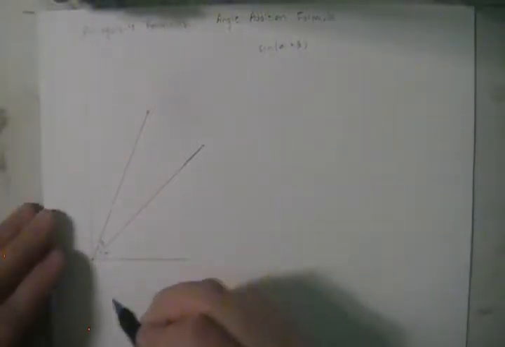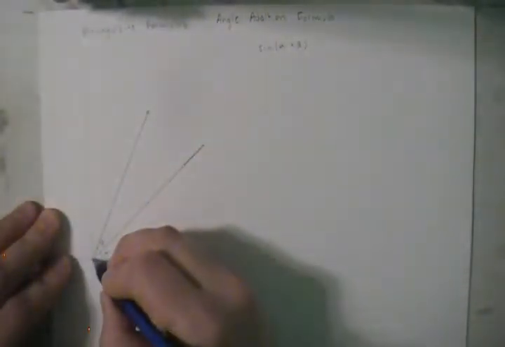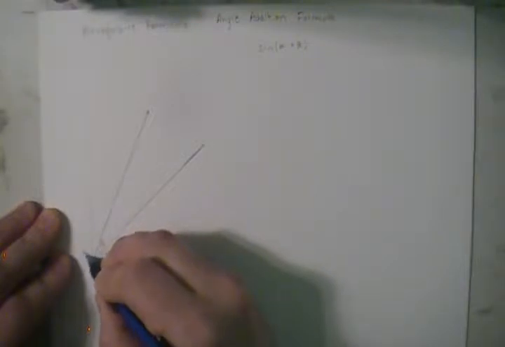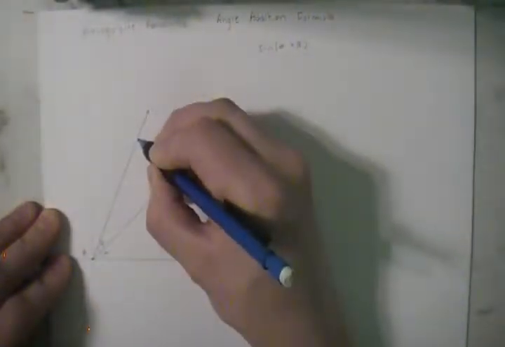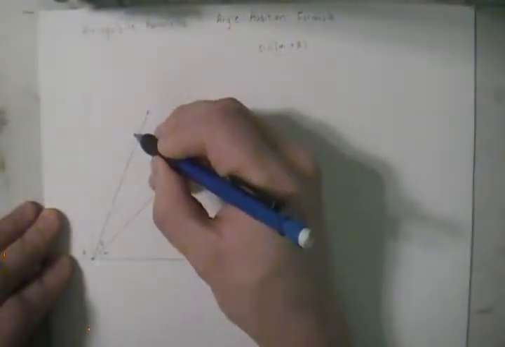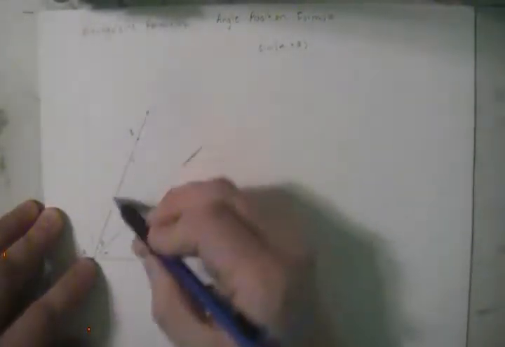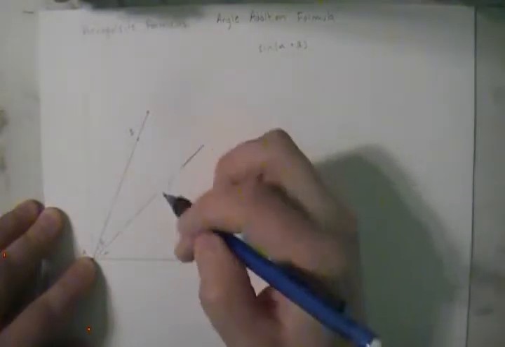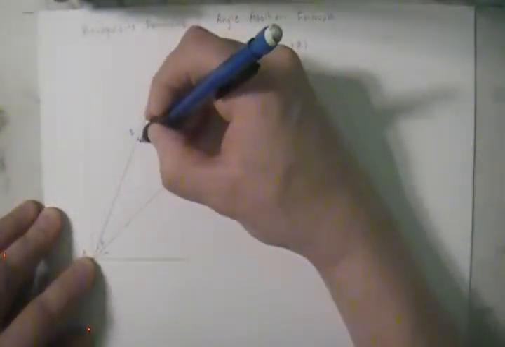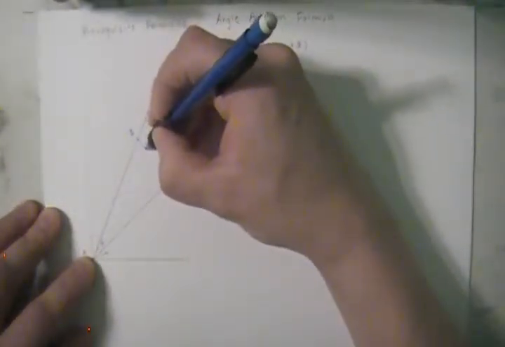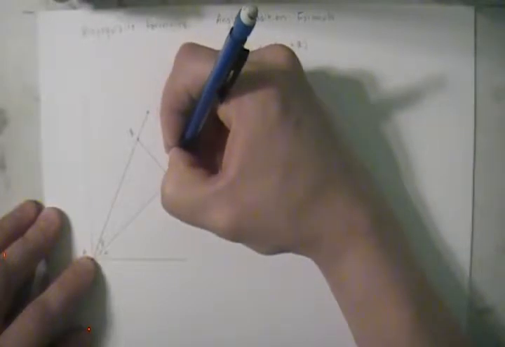Okay, so I'm just going to label some points here. The origin point will be A, and then this point here will be B, such that AB is the ray, this ray here. And then there's going to be a perpendicular line segment drawn to the first ray.